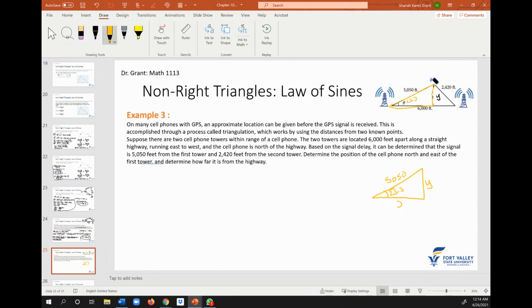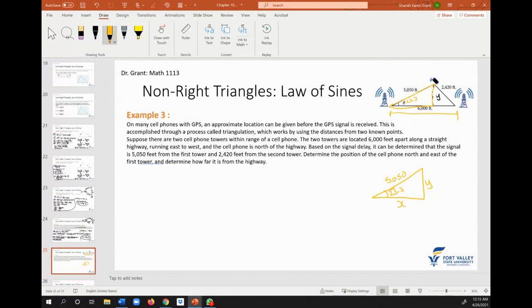But we don't know what this piece is, because this whole thing is 6,000, and we don't know how the two sides split. But what can we use? We can use our regular functions that we've done before to find x and y.